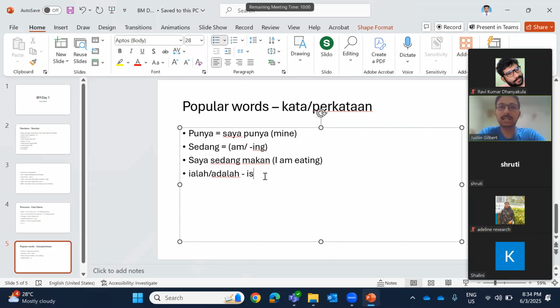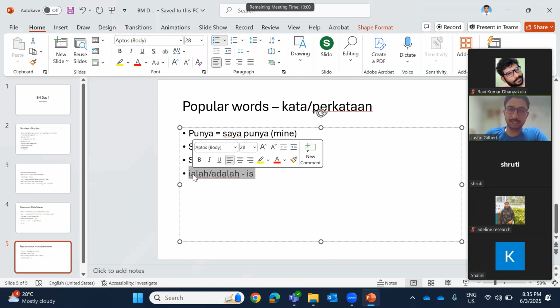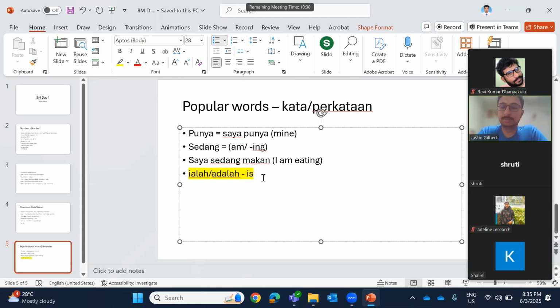So ialah is pronounced ialah, and adalah is "is". And this particular one, we need to understand, so I'll just highlight this: although ialah means "is", we cannot use it all the time if we directly translate from English to Malay.